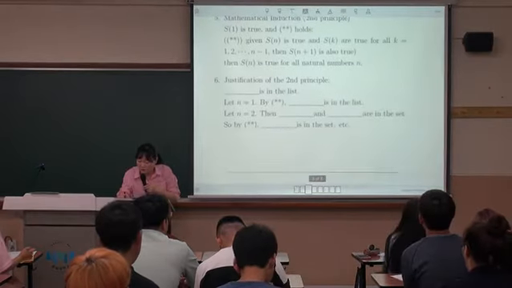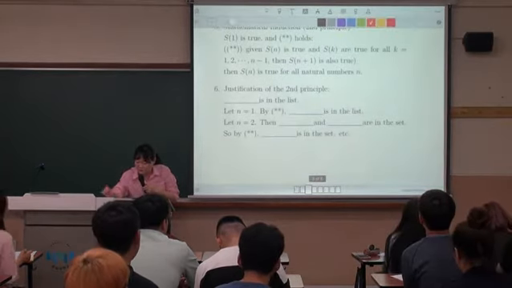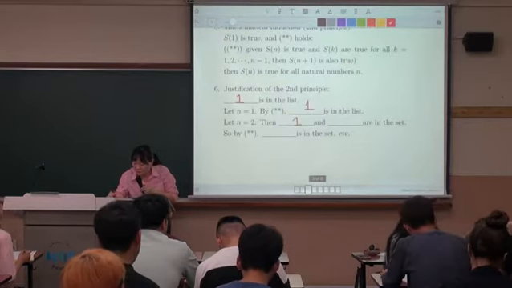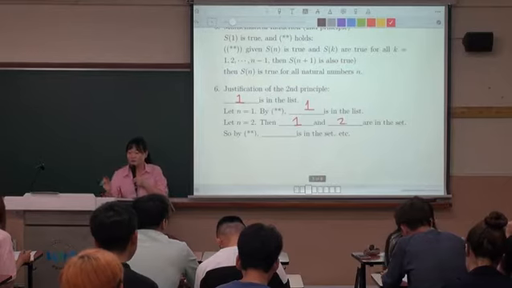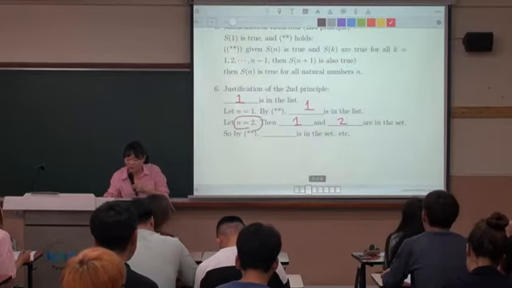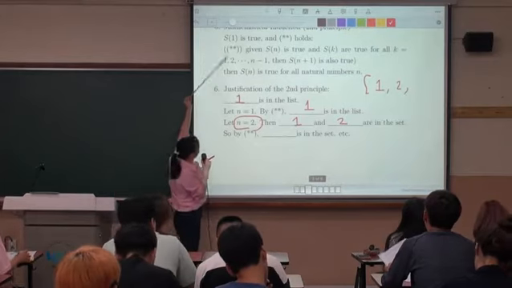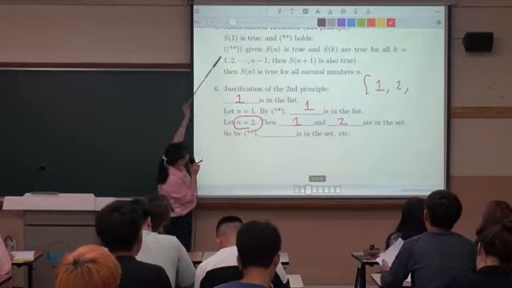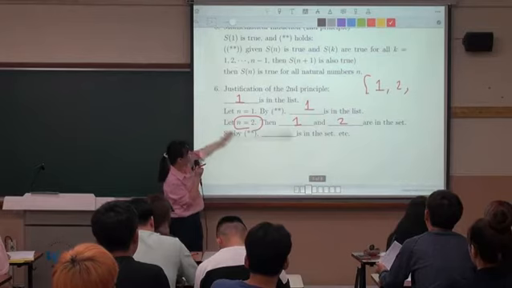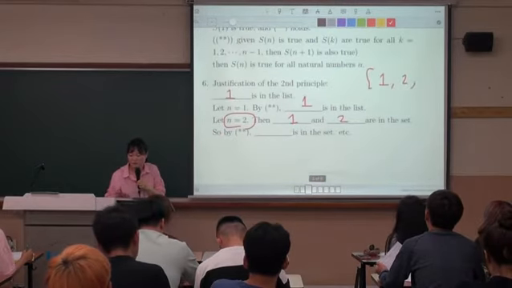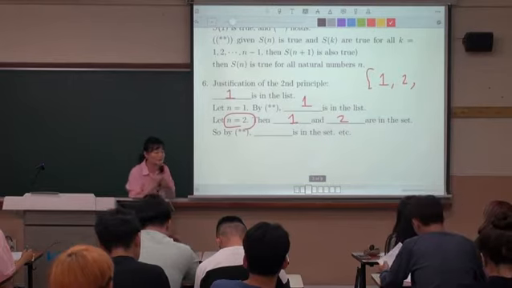So when n is 2, 1 and 2 are in the set by our hypothesis. So by satisfying star, what is in the set? 3 is in the set.